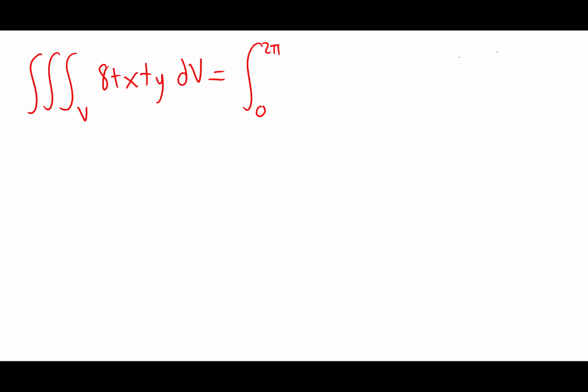There we go. Okay. And then r was going from 0 to 4, and then z was going from 0 to 16 minus r squared. Okay, so 8 plus, notice I'm using a parenthesis for a very, very specific reason. We'll see that in a second. X is our cosine of theta, plus y is our sine of theta.